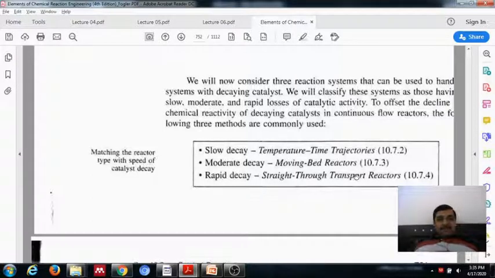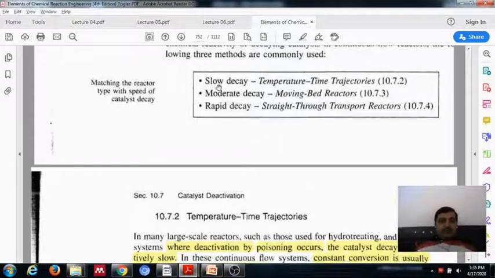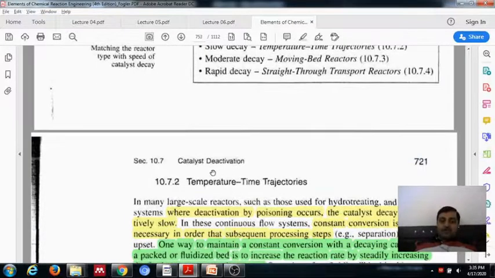I will discuss these in 3 short videos, one on TTT or temperature time trajectories. Next we'll discuss moving bed reactors, and in the third video we'll address the straight through transport reactor. Moving on to the first one, the point to be noted is that we are talking about slow decay.